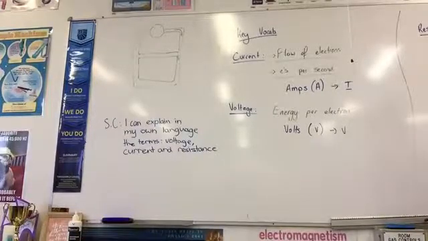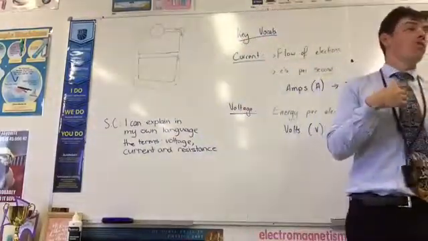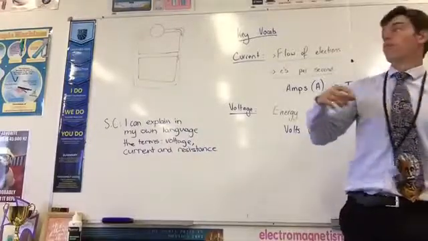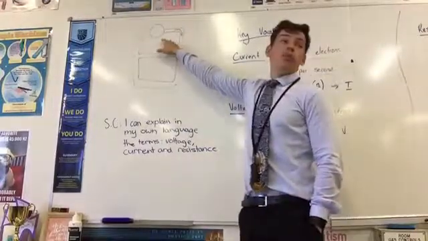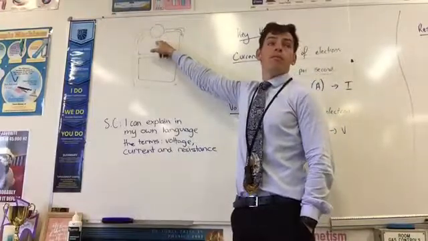So if I've got really small pipes, does that mean lots of water can flow through it? No. How do I increase the amount of water flowing through? Only way to push more water through is to get a bigger pump.